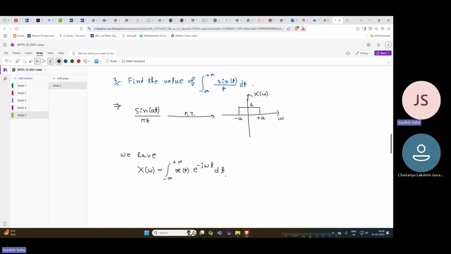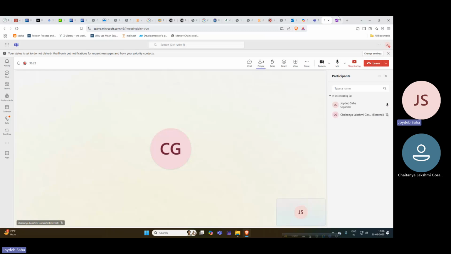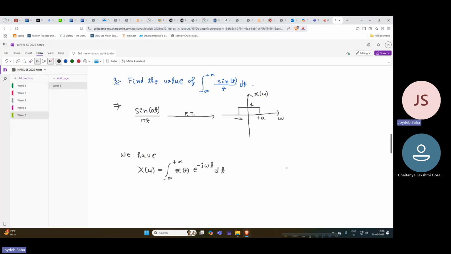This is our basic definition of Fourier transform, right? Does anyone disagree? No? Okay. So find the value of the integral of sin t by t dt. This is our question, and the Fourier transform of sin t by t is known to us.